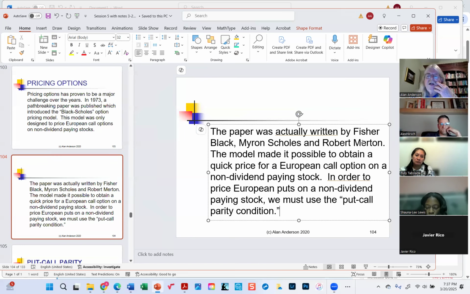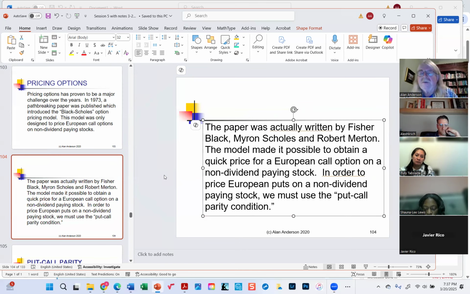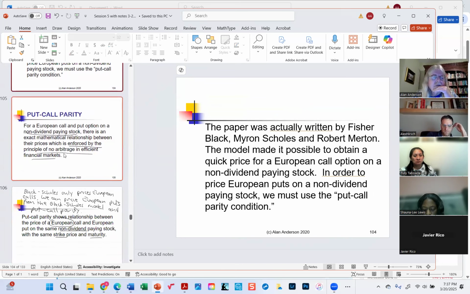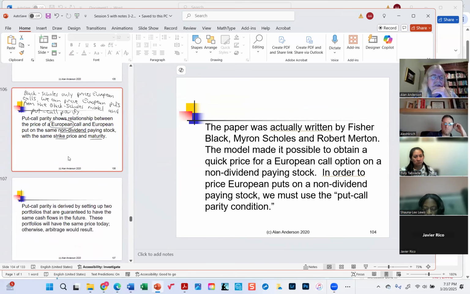So what is this special condition all about? And it's a good thing too, because otherwise they would have needed to invent a new model just for puts. So that didn't happen because of this put call parity condition. Here's what it looks like. Let me jump ahead and show you, or I'll write it down here.